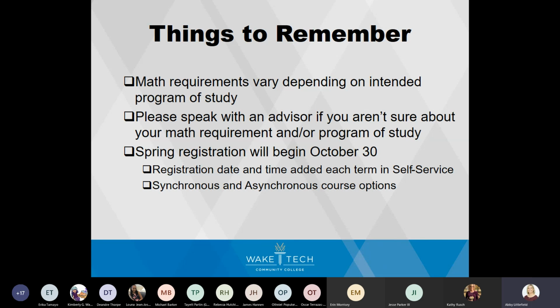In fact, most students won't be registering on October 30th. That is for students who've accumulated upward of like 85 to 95 credits. Most people in this course here are probably in your first, second, maybe third semester. But just know that October 30th is the first day, but that you will be assigned a specific date and time based on your hours accumulated.